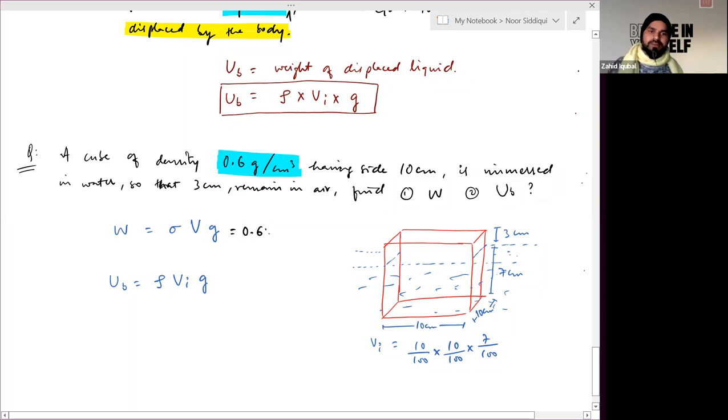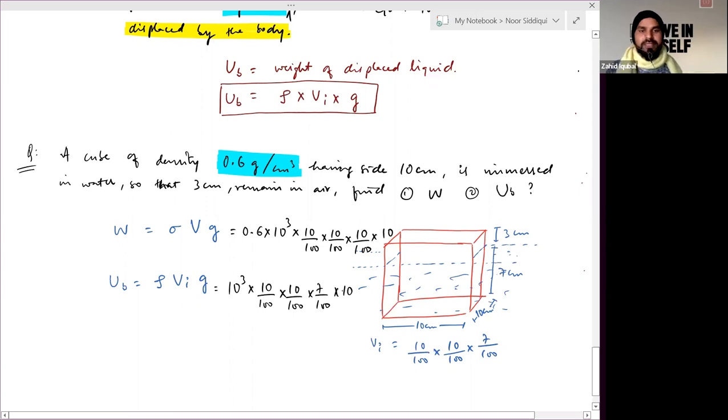So for sigma, 6 into 10 to the power 3, volume 10 divided by 100 length, 10 divided by 100 breadth, and 10 divided by 100 height, and the value of gravity is 10. For buoyant force, density of water is 1000. Volume we have calculated 10 divided by 100, 10 divided by 100, and 7 divided by 100, and gravity, which is 10. Just simplify these two terms and compare which is stronger.